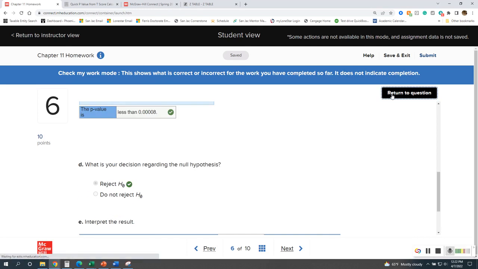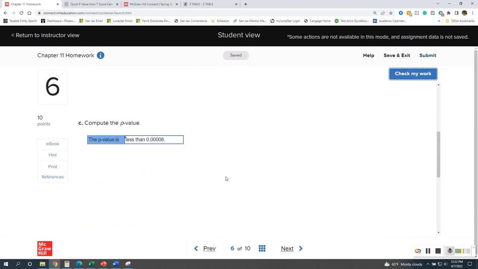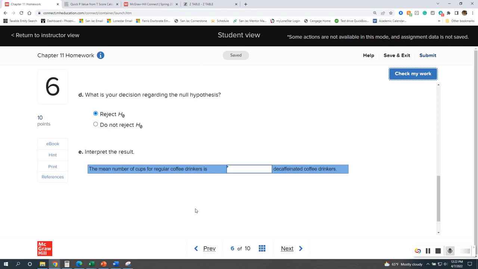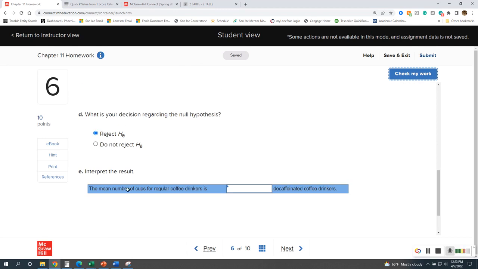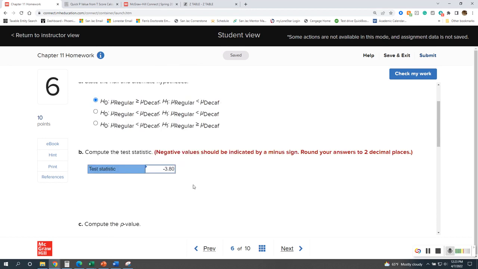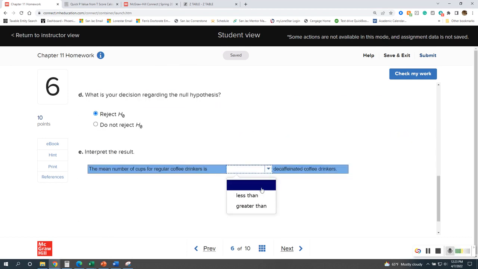Okay, because it is basically less than negative 2.57 is our z-score that we would have done on the significant level, and this is less than that number. So the mean number of cups for regular coffee drinkers, if we're rejecting, is showing that it is less than our decaf.